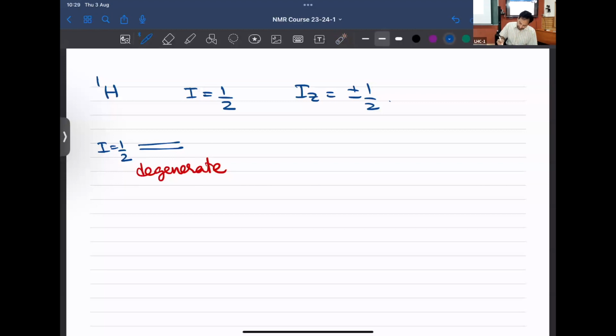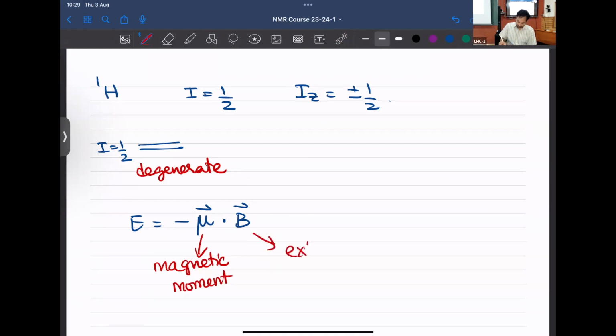Interestingly enough, if you try to understand the energy equation for magnetic dipoles, people who might remember, it's going to be given by minus mu dot B. Is that correct? Where mu is the magnetic moment and B is the external magnetic field.